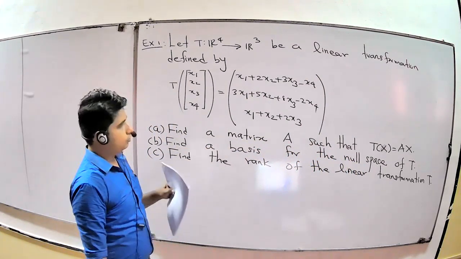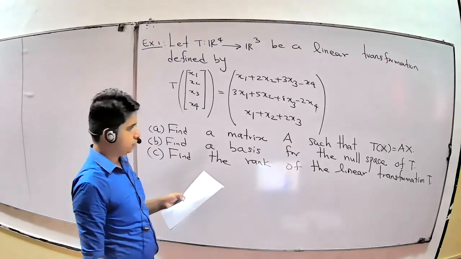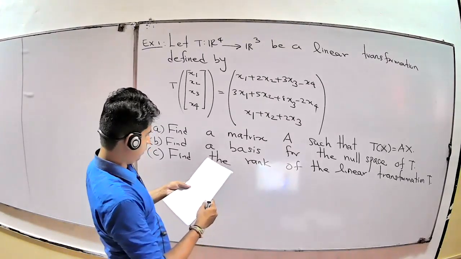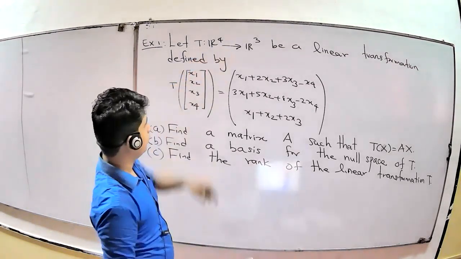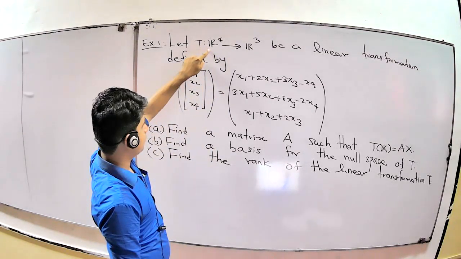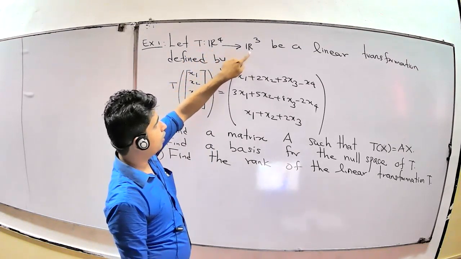Here is your representation matrix. Therefore, you want to find the representation matrix first. For R power 4 and R power 3, you can use the standard ordered basis for R4, and you can use the standard ordered basis for R3.